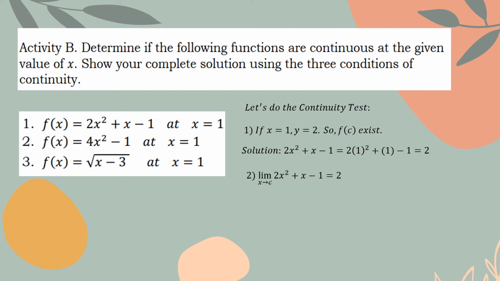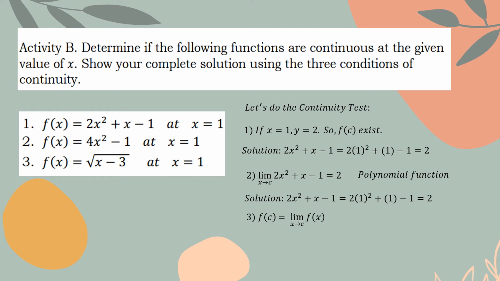Next, we have to evaluate the limit of the function at x equals 1. This is a polynomial function, so it's safe to substitute right away the given value of x. We have the same solution, and that is equal to 2.